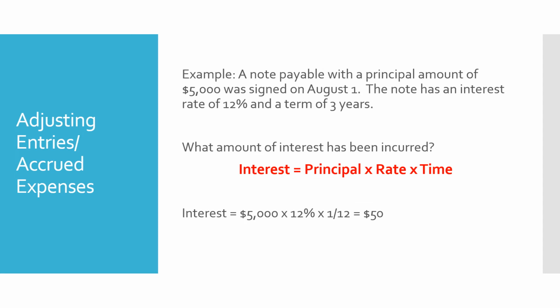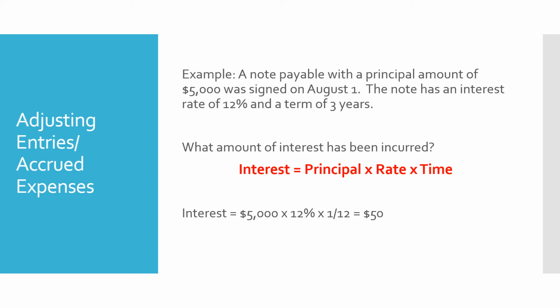So the note payable has a principal amount of $5,000. It was signed on August 1. It has an interest rate of 12% and a term of 3 years. So we're going to assume that we're going to pay the interest back when we pay the note back. When you're given an interest rate by law, it has to be expressed as an annual rate.